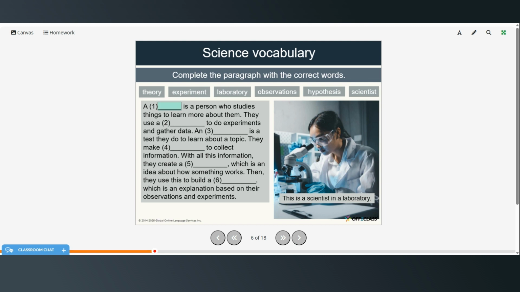All right, so a scientist is a person who studies things to learn more about them.